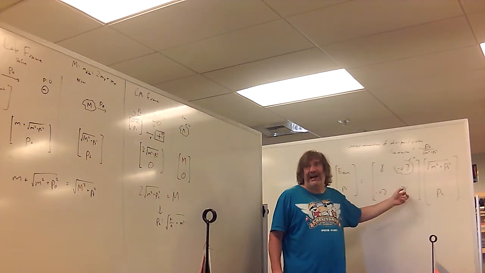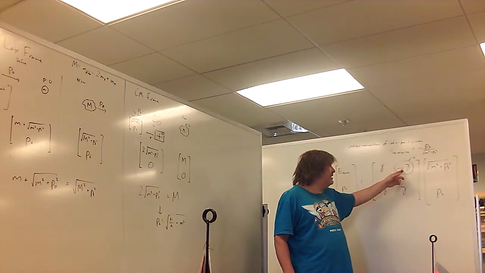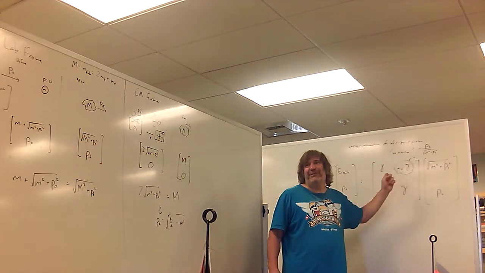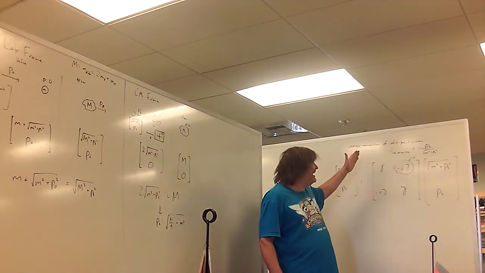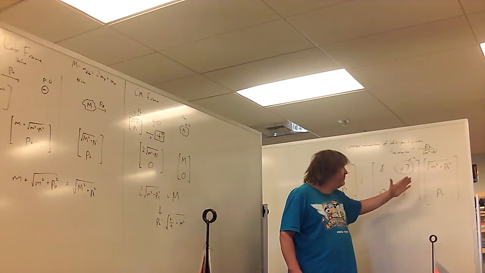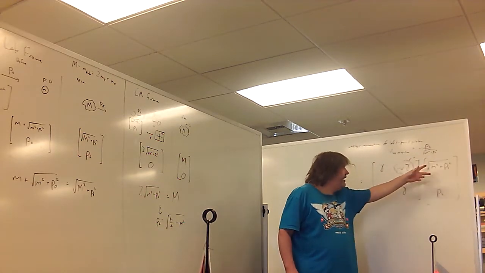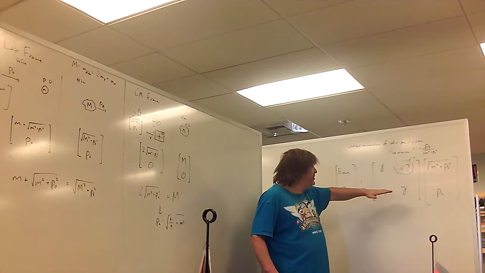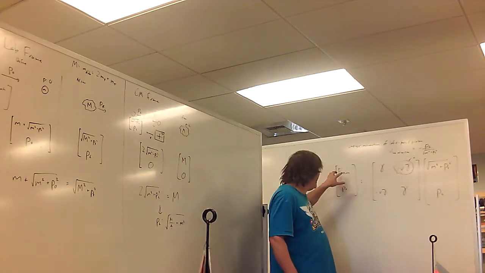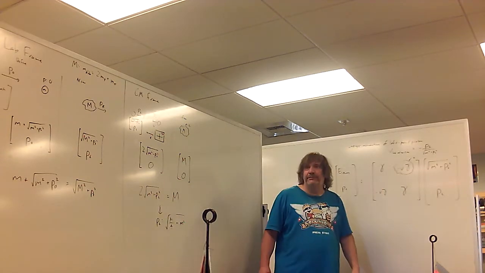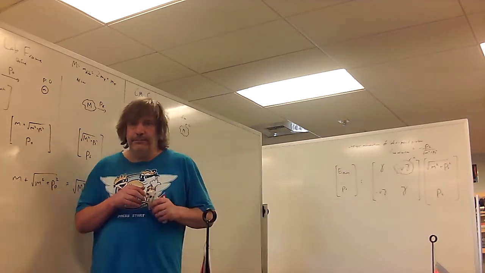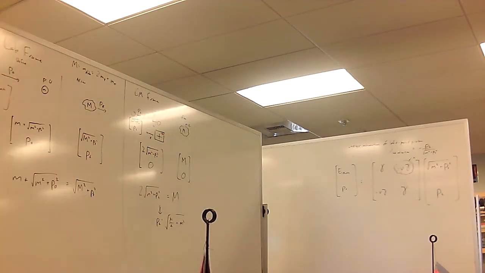So, the energy momentum vector in the lab frame equals a Lorentz matrix times that same energy momentum vector in the center of mass frame. Okay, so those are numbers.